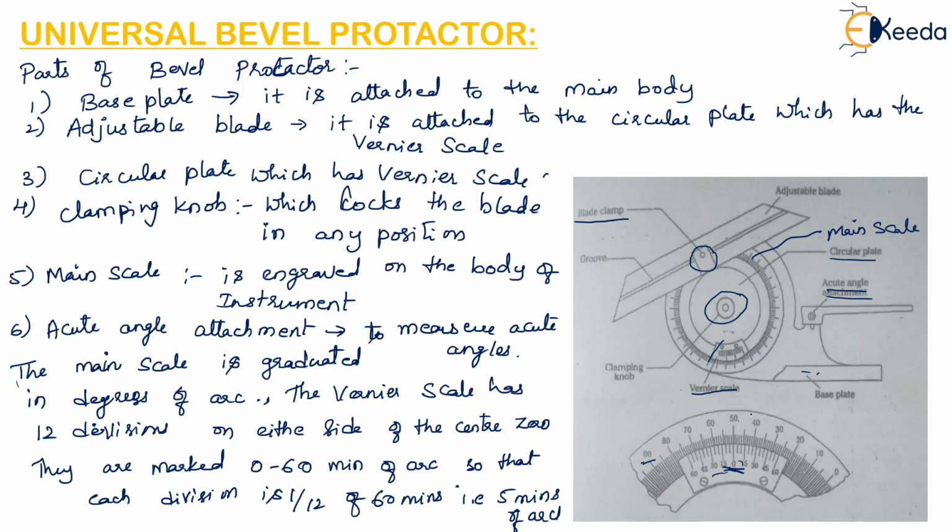But if it is not coinciding with the 0, if it is coinciding with some other graduation on the main scale, then the number of vernier graduations must be multiplied by 5 minutes, and added to the number of degrees read between zeros on the main scale and the vernier scale.